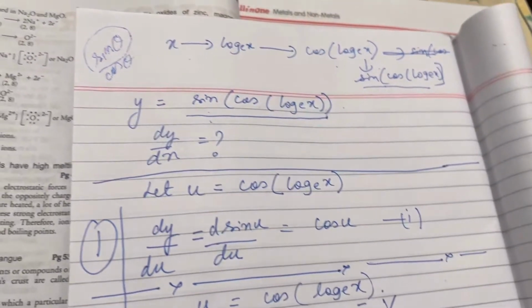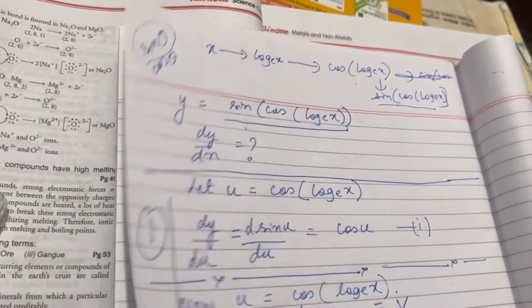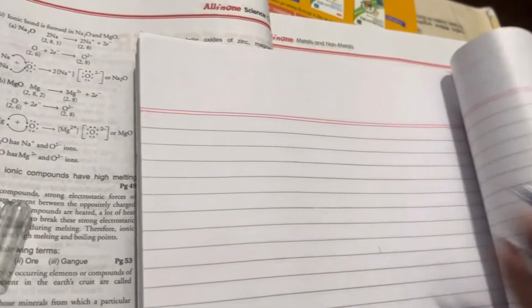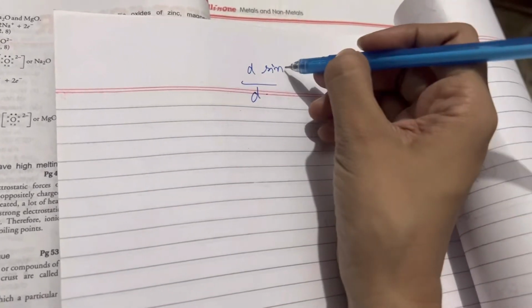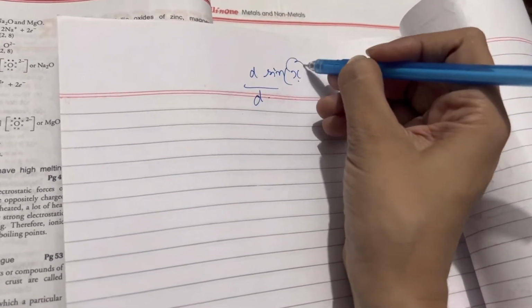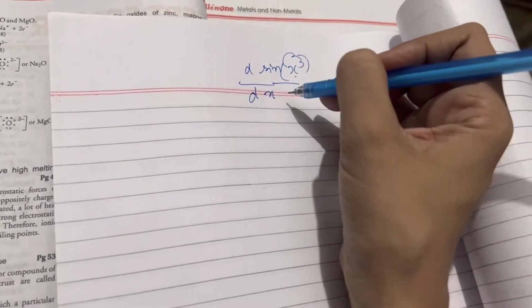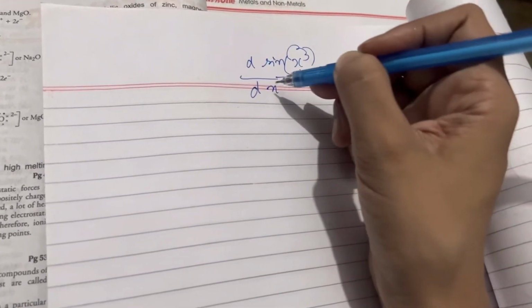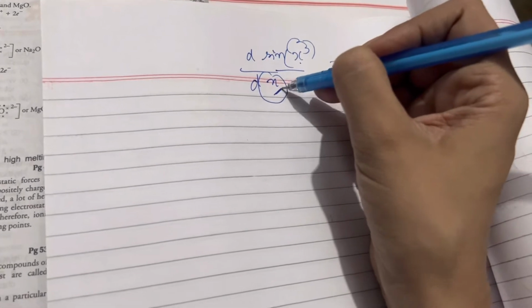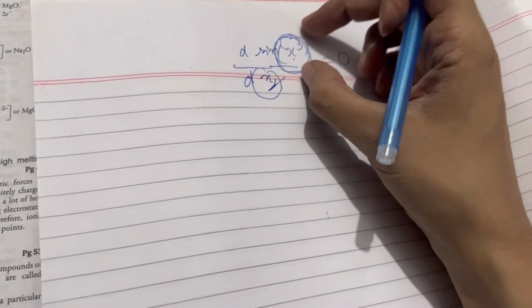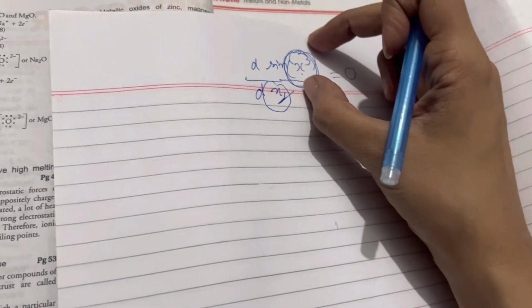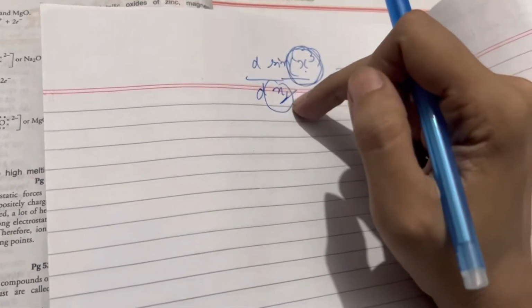If I ask you the derivative of, let's say, sine 3 with respect to x, the answer will be 0, because this is with respect to x and not with respect to 3. So whatever function of sine you're finding the derivative of, it should be with respect to that only.